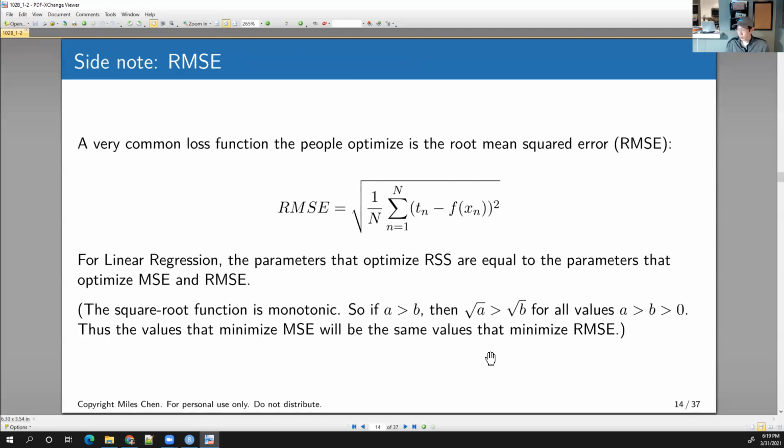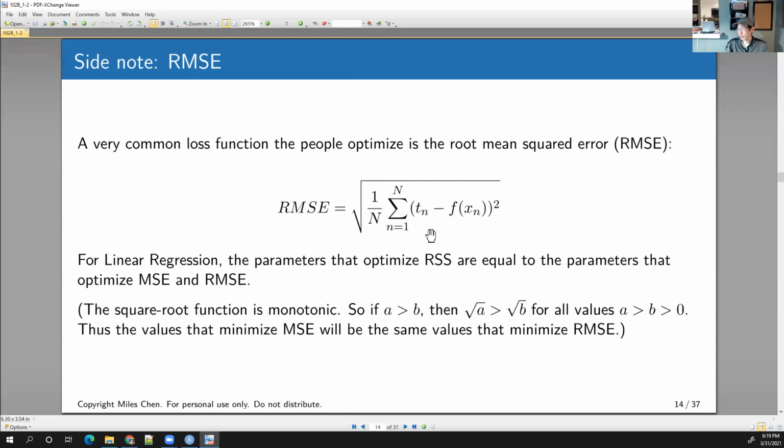Another function that we try to optimize, and this is a bit of a side note, is the root mean squared error, RMSE, and you might often see people talking about RMSE. That's basically the mean squared error where you take the square root of it.